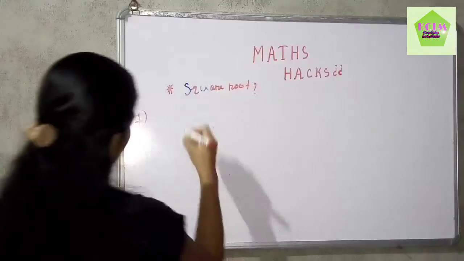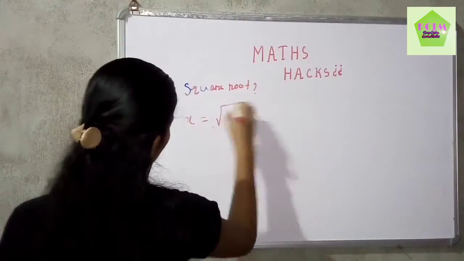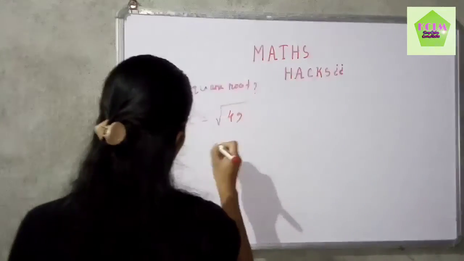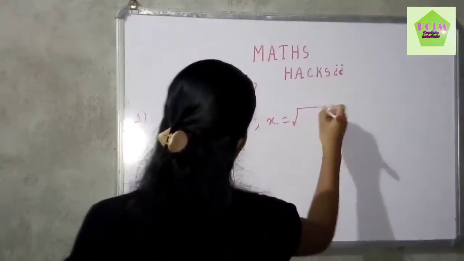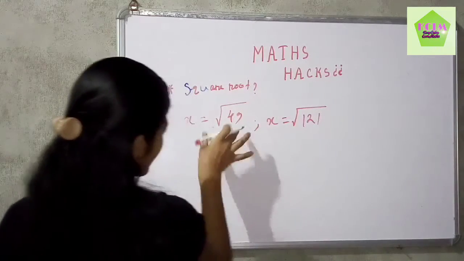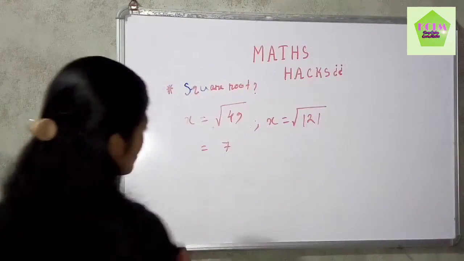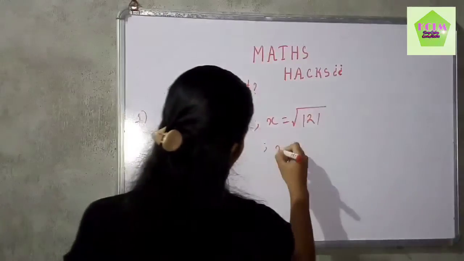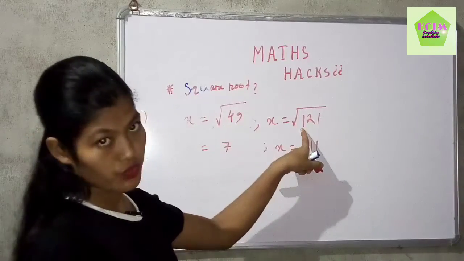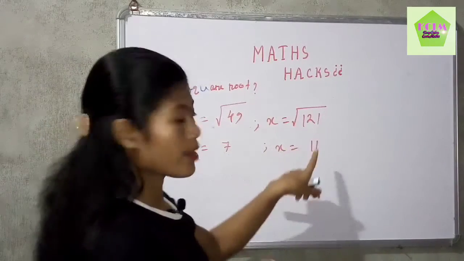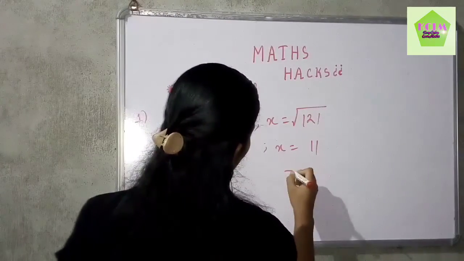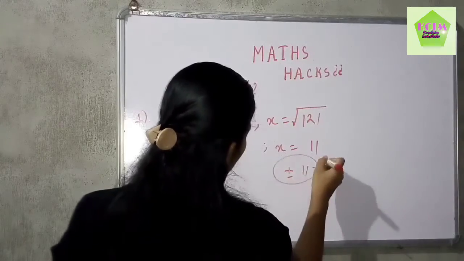So whenever x is equal to root over 49 or any whole number, suppose x is equal to root over 121, then it will be only the square root of this value, that is 11, not plus minus. Here x will be equal to 11, because we all know that 11 squared is equal to 121. So the square root of 121 will be 11 only, not plus minus 11. So this is not right.